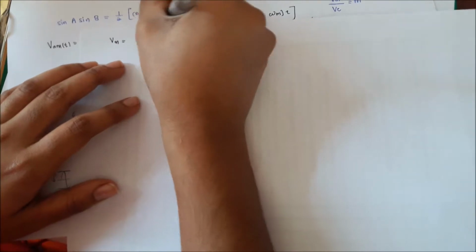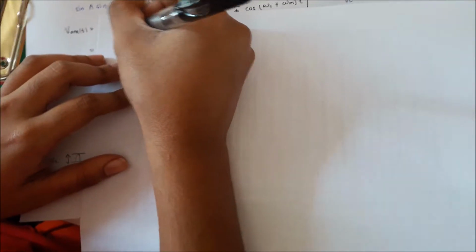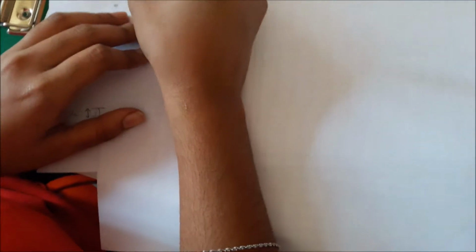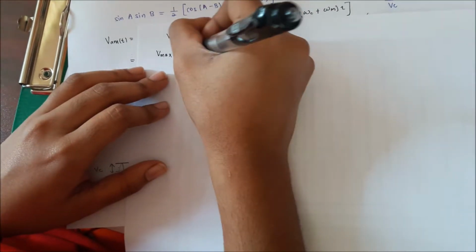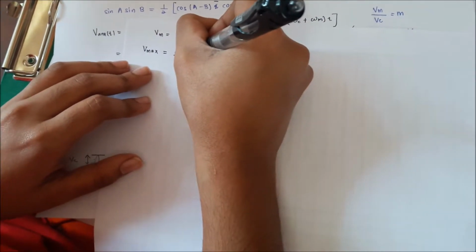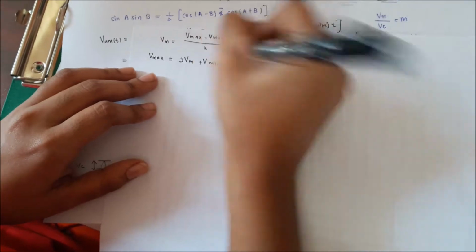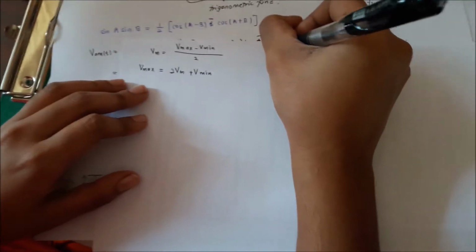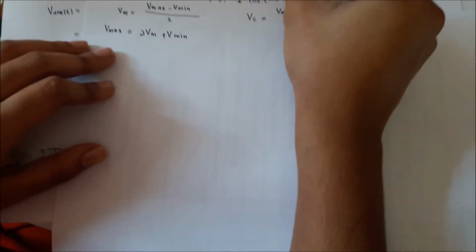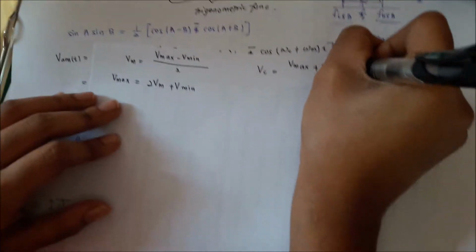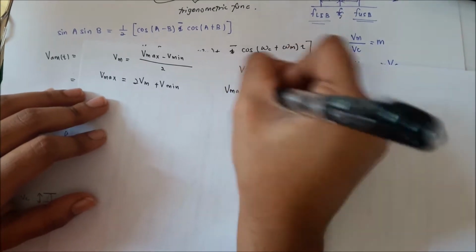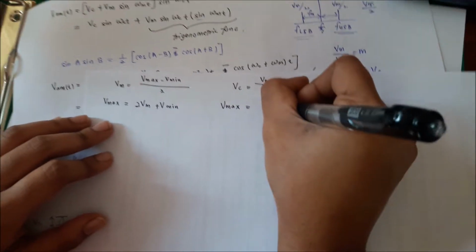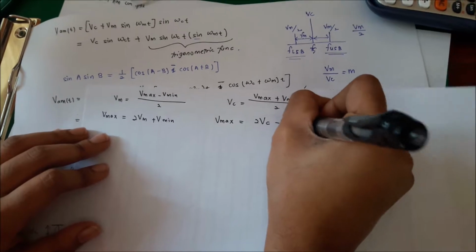Vm is V max minus V min over 2, and therefore my V max would be equivalent to 2Vm plus V min. On the other side, Vc is equal to V max plus V min over 2, so my V max is equivalent to 2Vc minus V min.